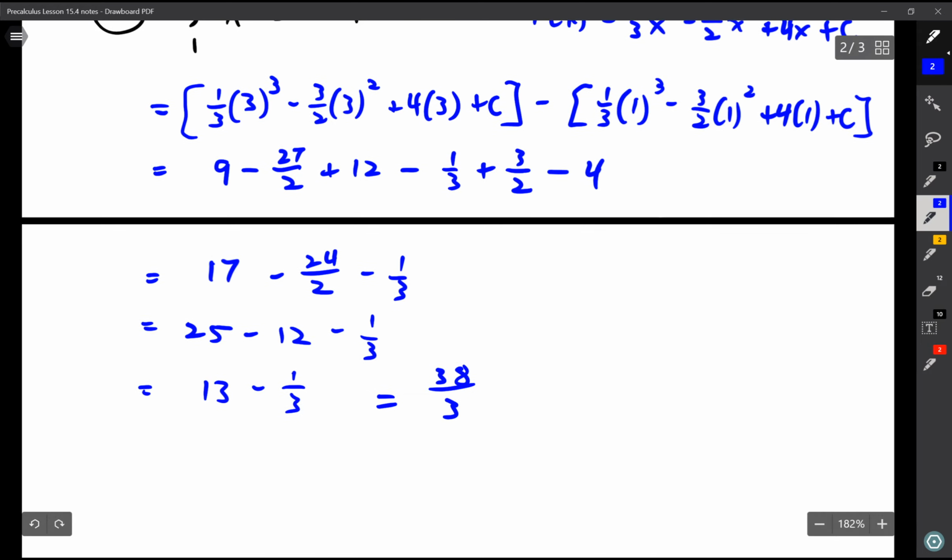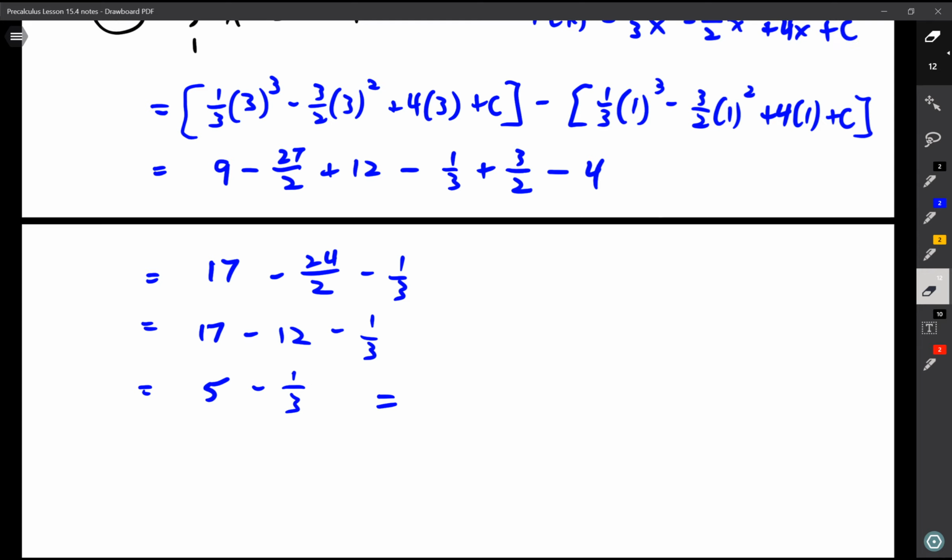And 17 minus 12 is going to be 5. That's going to give me 5 minus 1/3, which is 5 thirds would be 15, 14 thirds. Cool. Same thing I got last lesson.